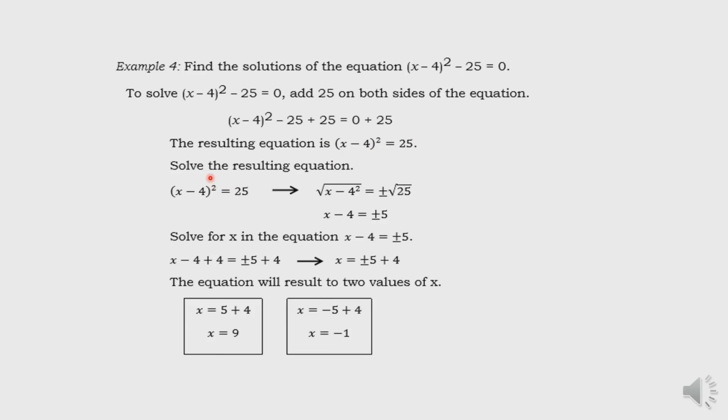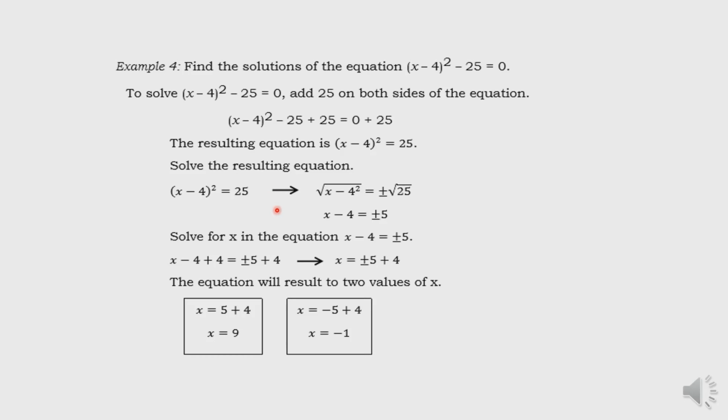So the resulting equation is the quantity x minus 4 squared equals 25. Here, 25 is our k.